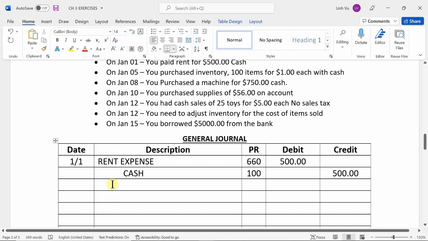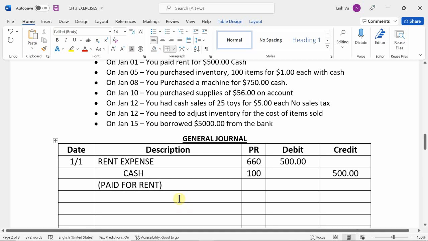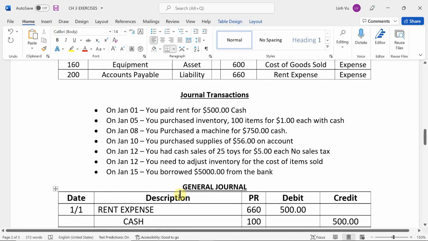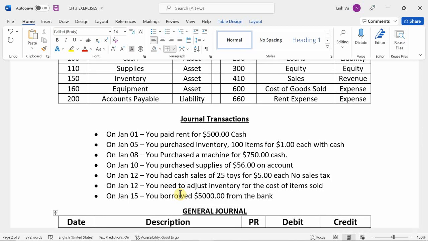You don't have to put your description unless you want to, but you can say that you paid rent. But I want you to practice at least getting the accounts in there. But I'll go ahead and throw in the description anyway that you paid for rent.